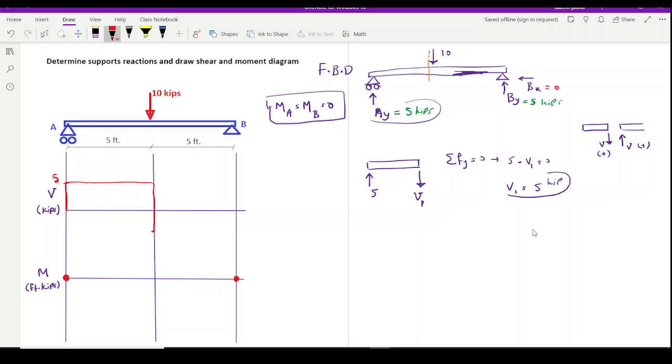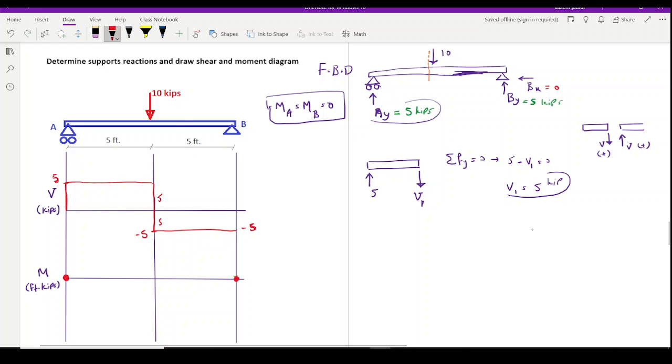So I have a 5 in here and another 5 in here, and totally it's 10. So I go down all the way to negative 5, and again I don't have any other force. It goes all the way to the end of the beam, which is point B, and at point B the magnitude is 5, but the sign is negative.